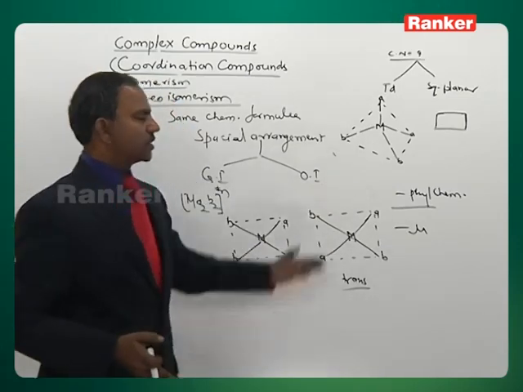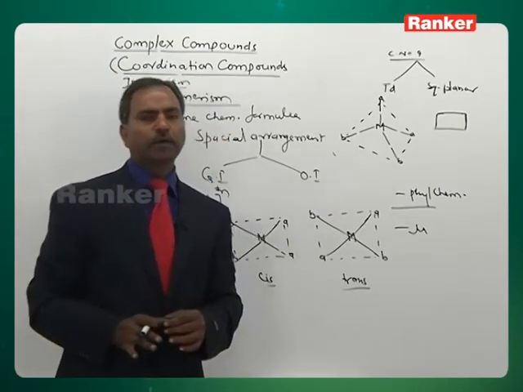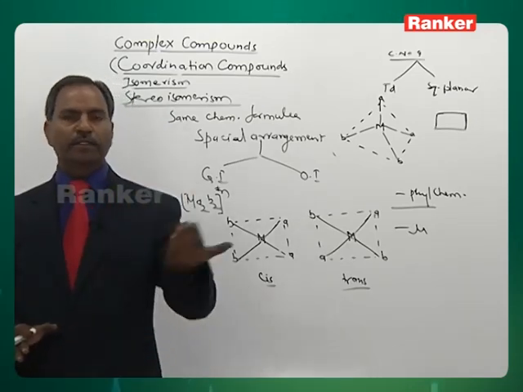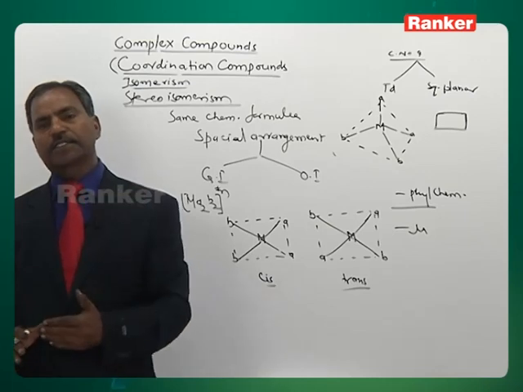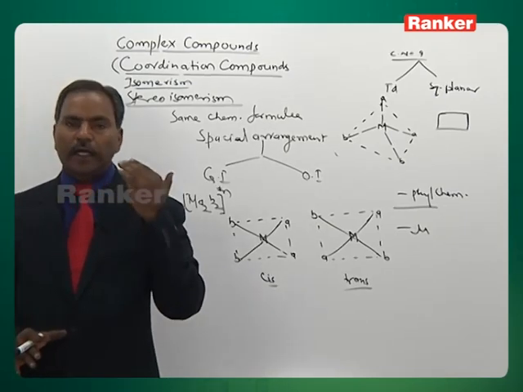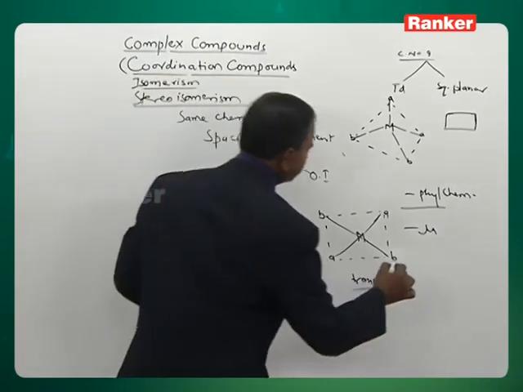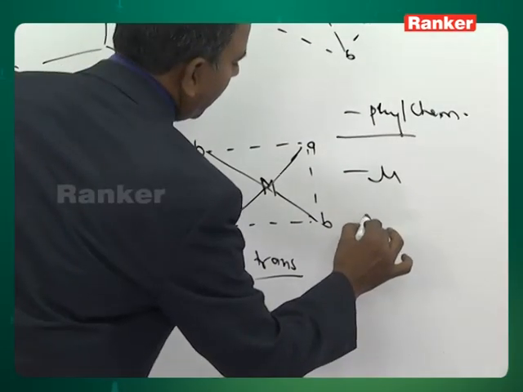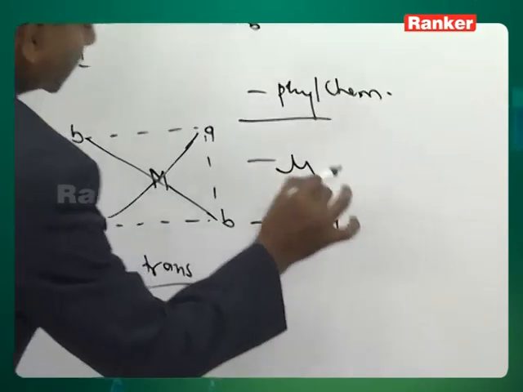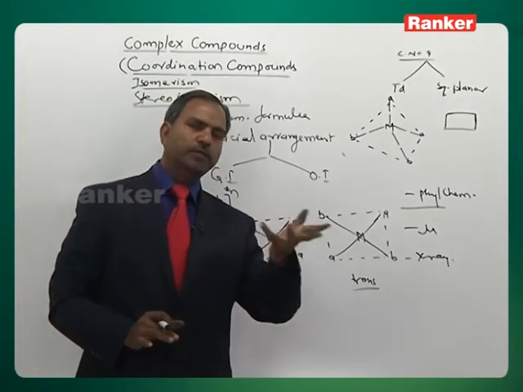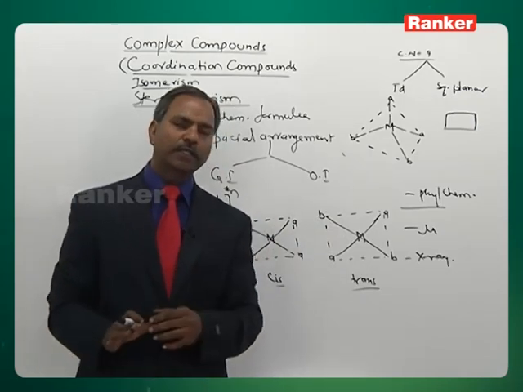Therefore, for a trans isomer, the dipole moment is 0 or very small. Next, X-ray crystallographic studies show which is the cis isomer and which is the trans isomer, so we can easily analyze it.